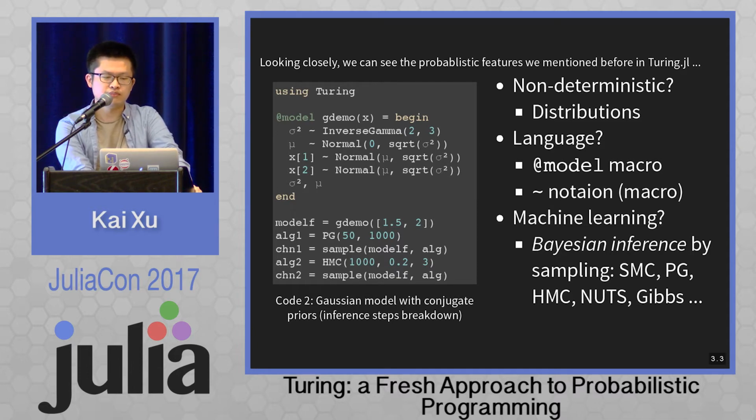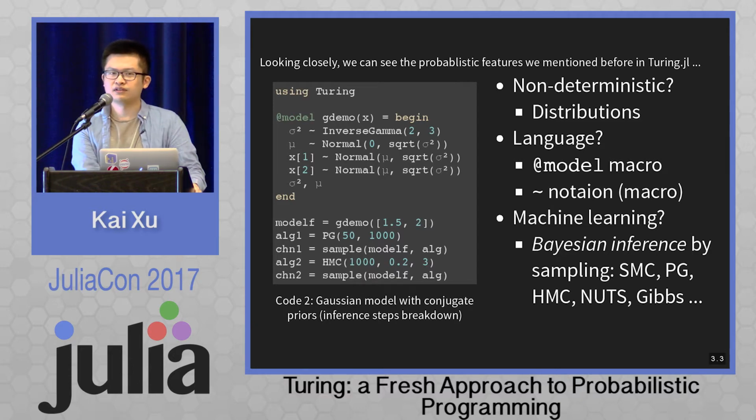After defining this model, you can feed some data into the model and get a model function. Then you can say, I want to run a particle filtering algorithm, and simply say, please sample some model parameters from this model using this algorithm. There is a typo, there should be 1, 2. Similarly, you can just try another sampling algorithm, for example, Hamiltonian Monte Carlo, and run almost the same code to do the sampling. And by sampling, basically you have done the Bayesian inference.